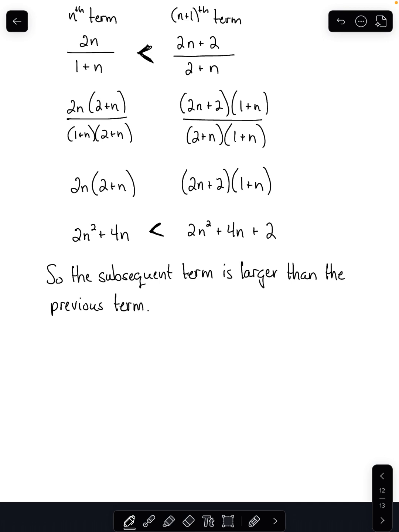This was the definition of non-decreasing. And therefore is monotonic.